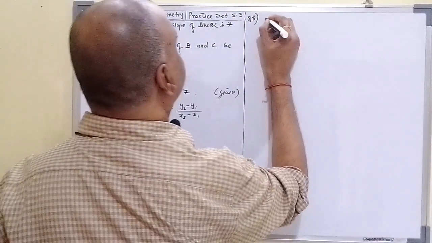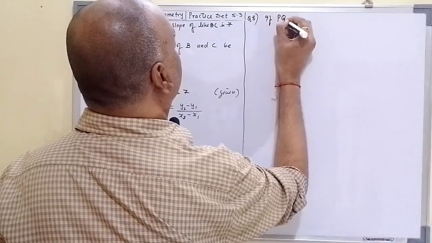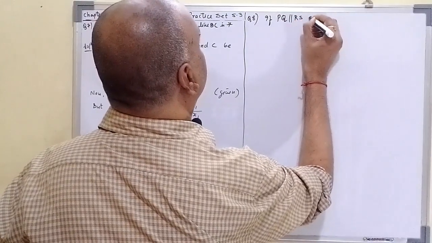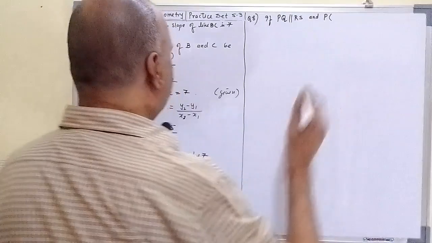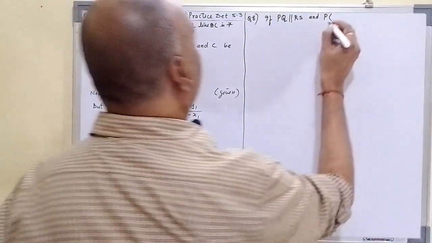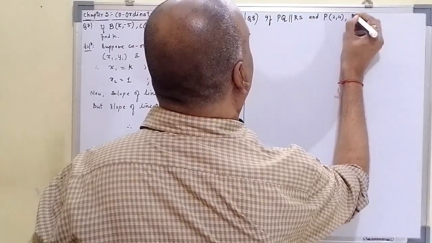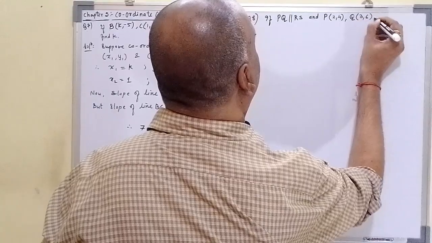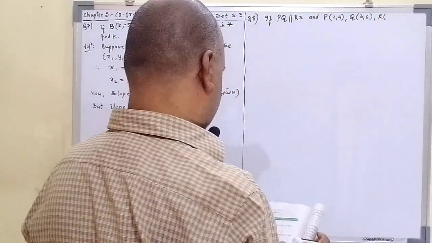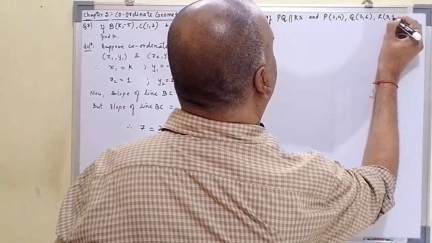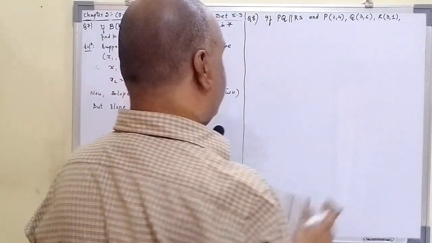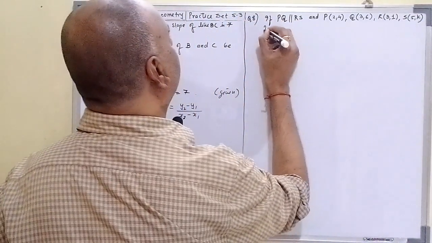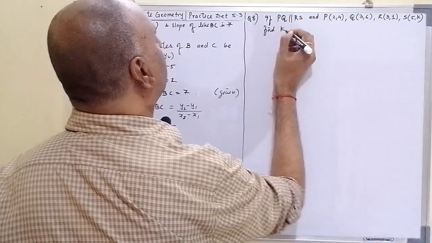They are given us if PQ parallel RS and what is coordinate of P 2, 4, Q 3, 6, R 3, 1, S 5, K. Find K.